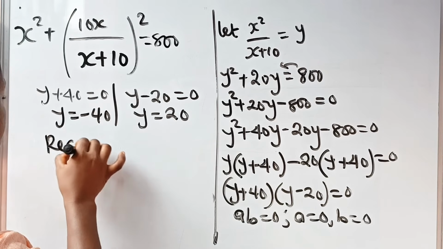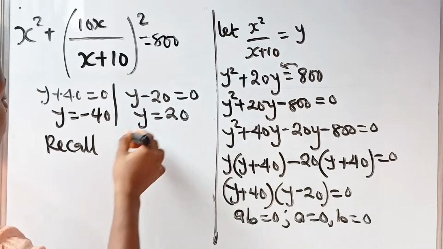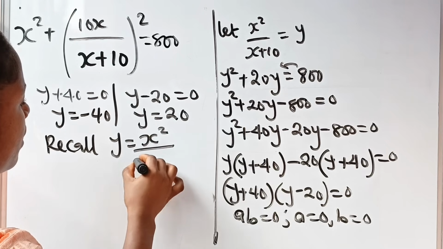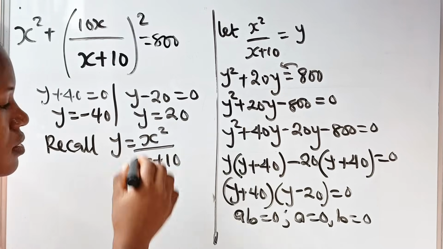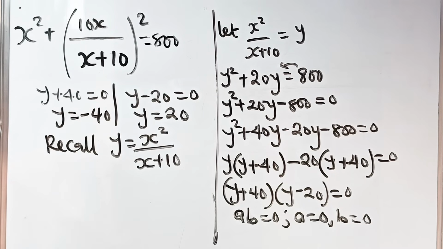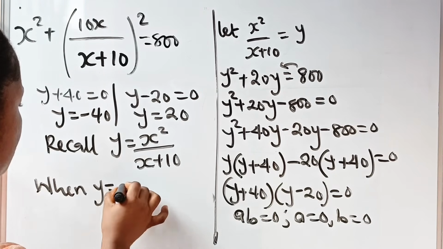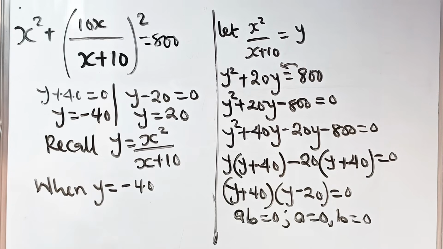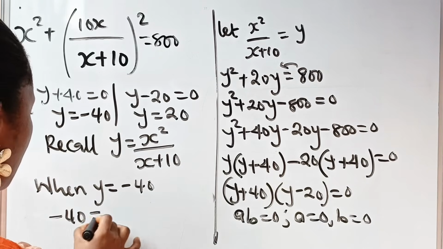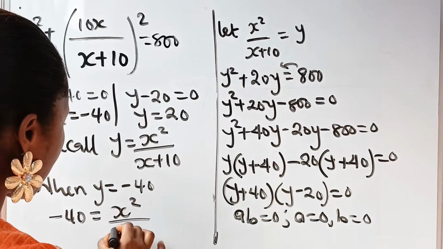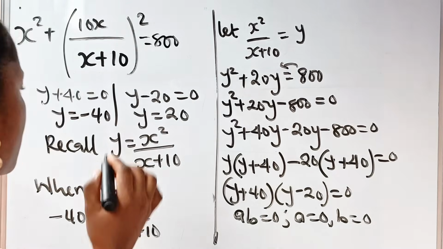Now, recall that y is equal to x squared divided by x plus 10. So, when y is equal to minus 40, then we can write that minus 40 is equal to x squared divided by x plus 10.